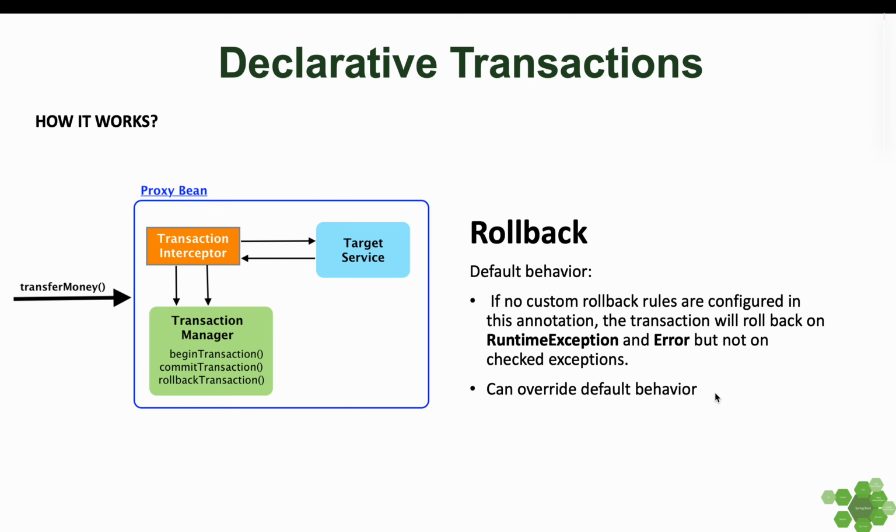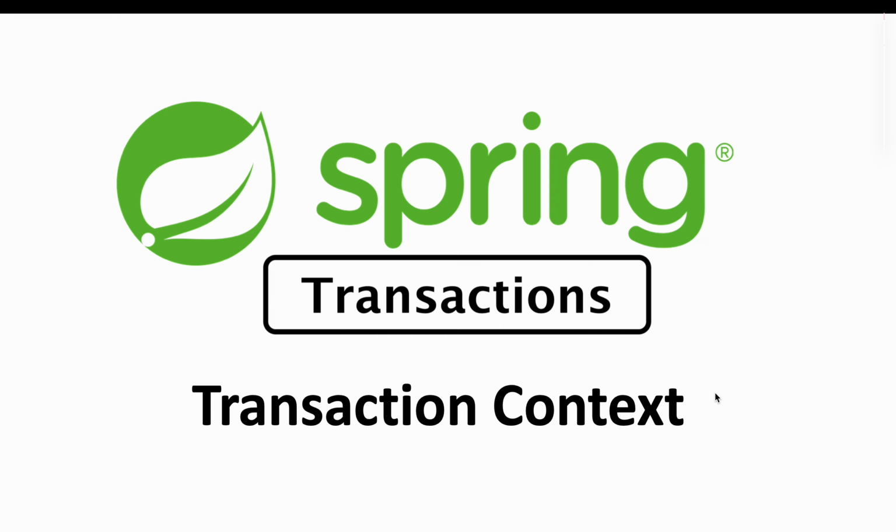Now the question would be, where does it get all that? So that's why this video is dedicated to explaining where the transactional context comes from, where the connection object comes from, when a method that is annotated with @Transactional is executed.